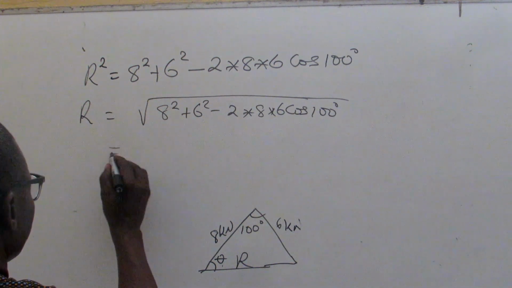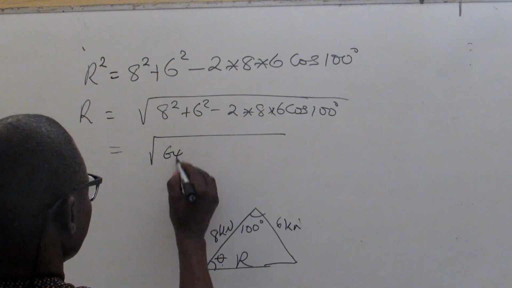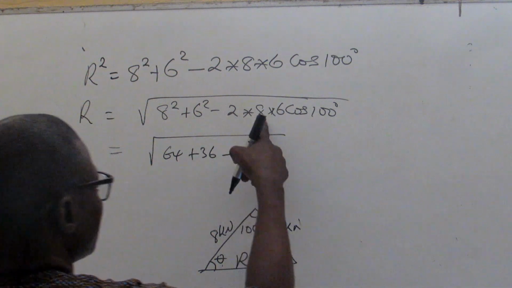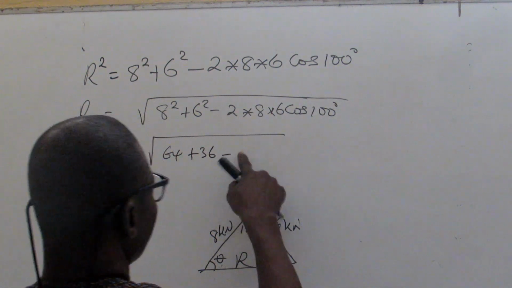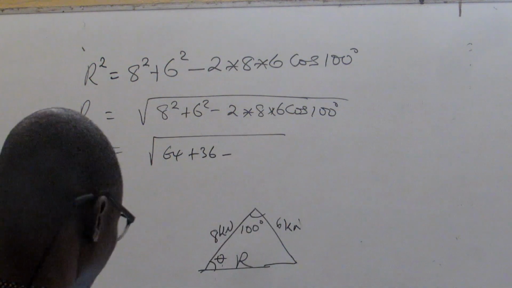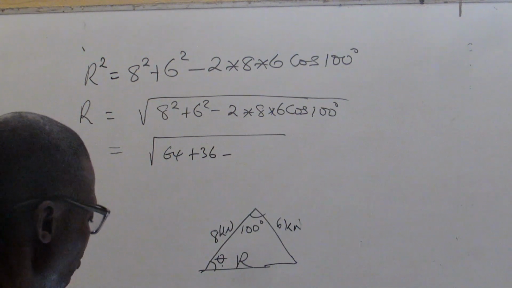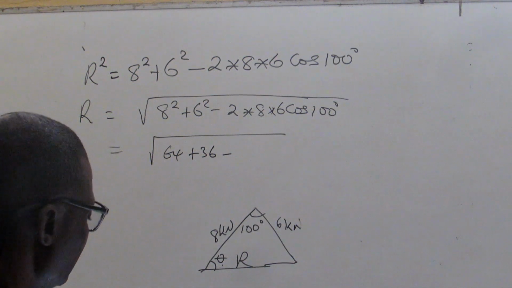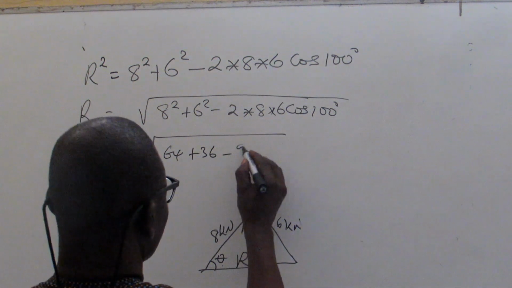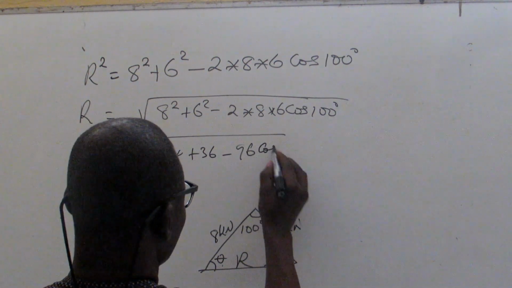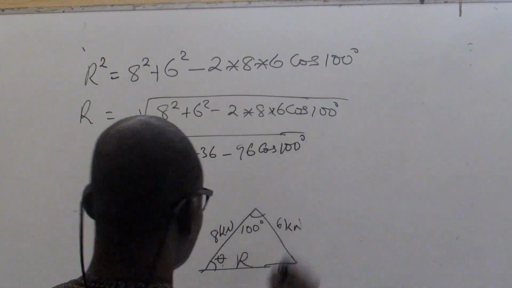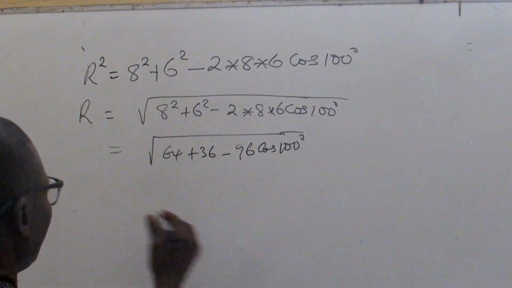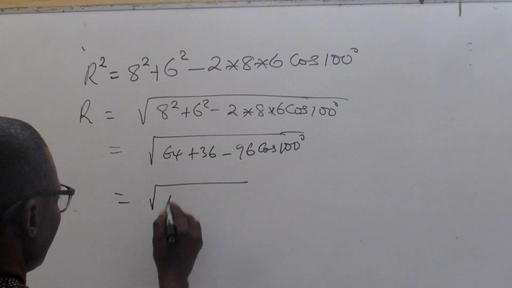In this case, we have the square root of 64 plus 36 minus, and if we multiply this, let's use our calculator. 2 multiply 8 multiply 6 equals 96, minus 96 cos 100 degrees. We are still doing it little by little. We have 64 plus 36, which is equal to 100.